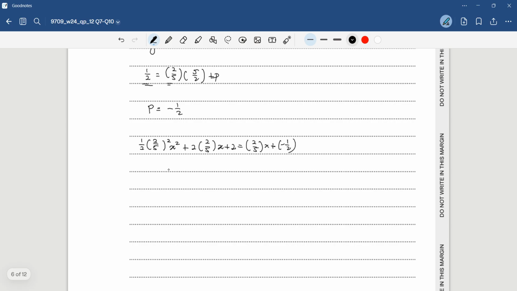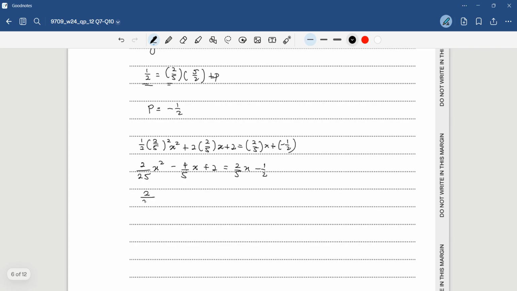Okay. So you rearrange, you get 2 over 25 x square minus 4 over 5 x plus 2 equal to 2 over 5 x minus 1 over 2.